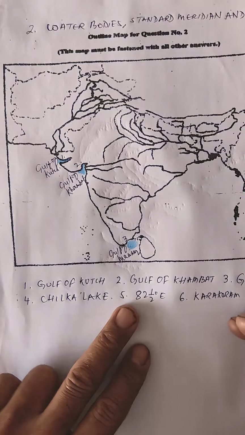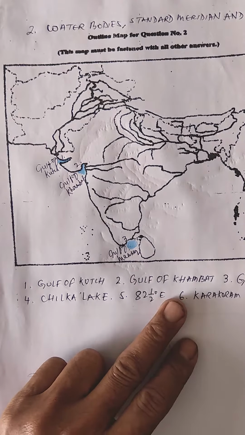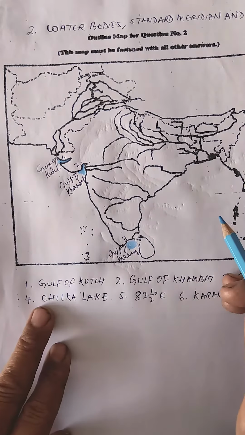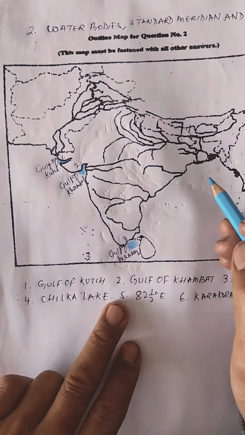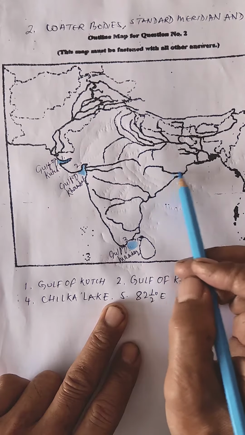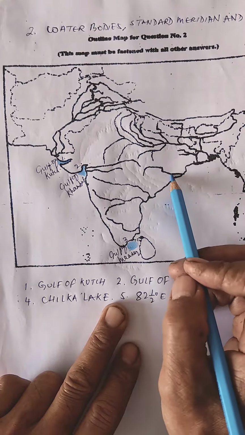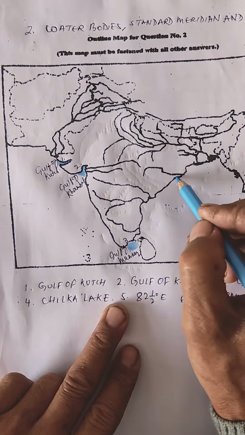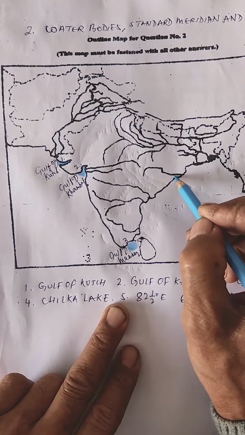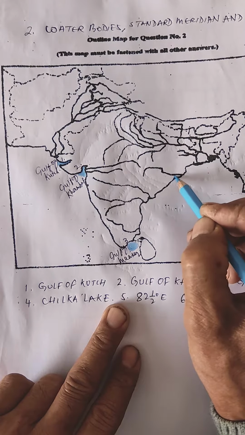So 3 items gone. There are total 6 items. Fourth is Chilka Lake. Chilka Lake is very famous, in the south of the Mahanadi River here. Bhubaneswar is here. In this area, you have to mark it very small in blue.